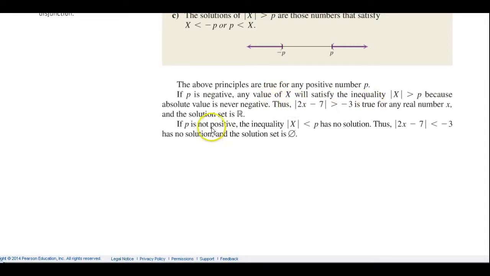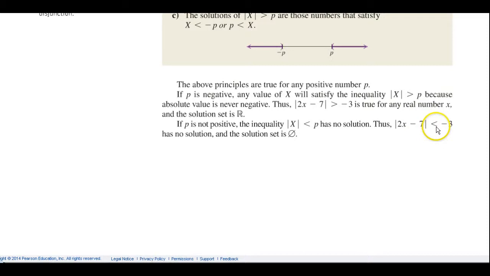That's a little tricky. If p is not positive, then the inequality absolute value is less than p has no solution. So the key here is, as long as it says it's greater than something negative, that's all real numbers.